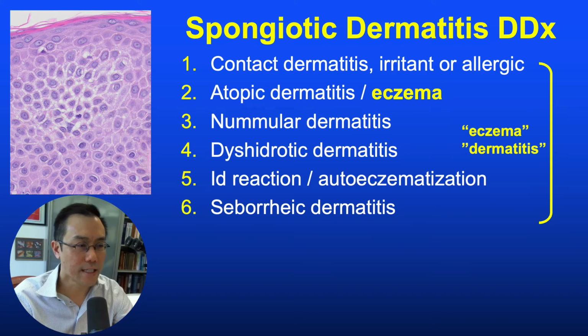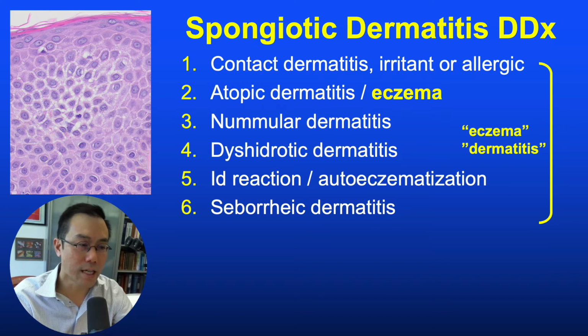Now, one of the things that I think is confusing both to pathologists and clinicians and patients is that there's somewhat of a bit of variation in the terminology used for spongiotic dermatitis. And so here's that core differential diagnosis list, but the terms eczema and dermatitis tend to be used fairly non-specifically.